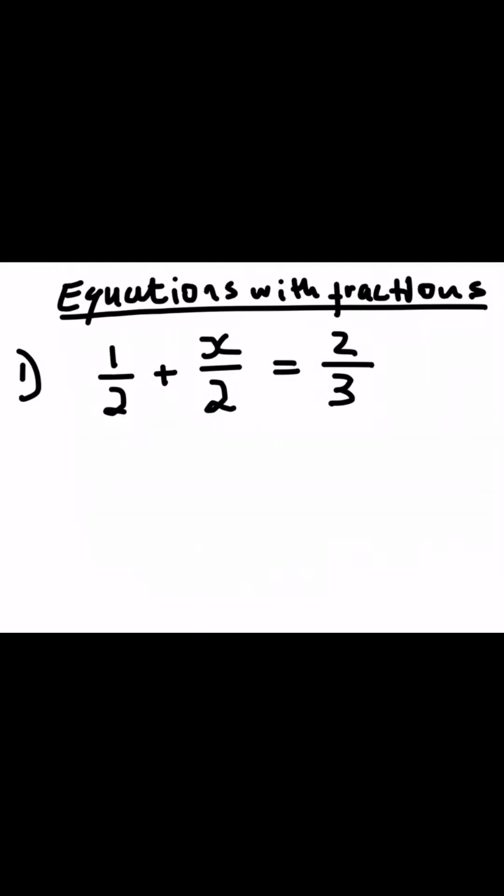So first thing first, look for that fraction that has a letter, and then leave it on the left. All the fractions which do not have the letters, meaning which are just the numbers, take them on the right hand side.